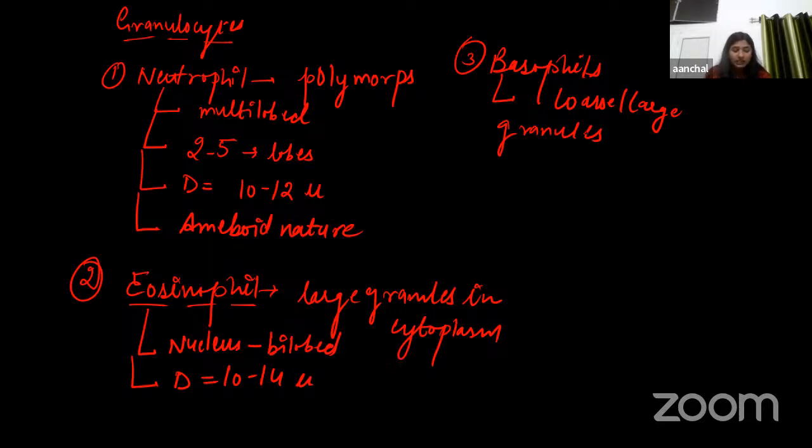And these granules are stained purple blue with methylene blue, and the nucleus is bilobed here, and also the diameter of the cell ranges between 8 to 10 mu. Okay, so this is all about the granulocytes.